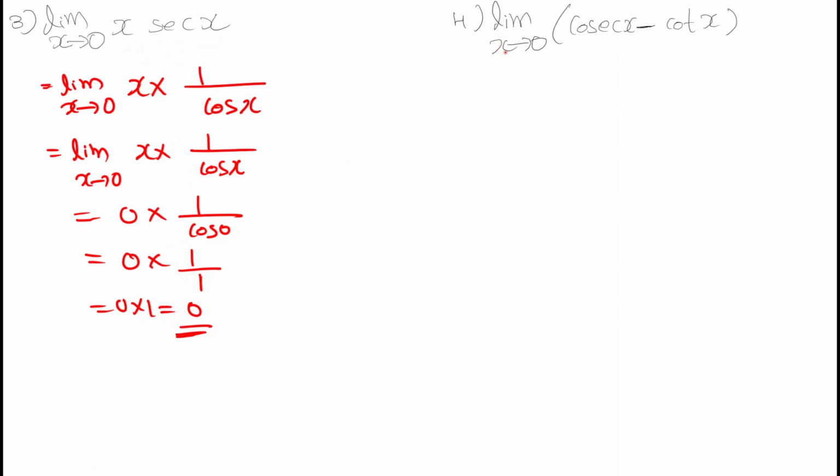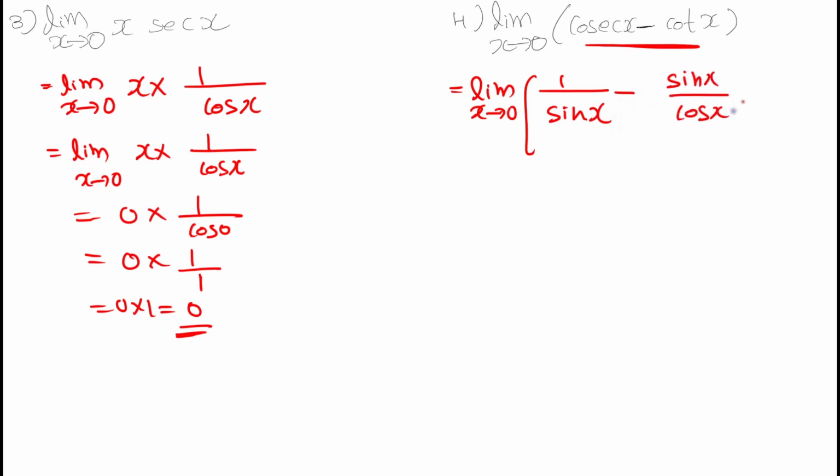The next problem, see, limit x tending to 0 of cosec x minus cot x. You can substitute the limit directly, otherwise first solve, then simplify, then substitute the limits. So we'll take limit x tending to 0 of cosec x, which is nothing but 1 by sin x, minus cot x, which is cos x divided by sin x.